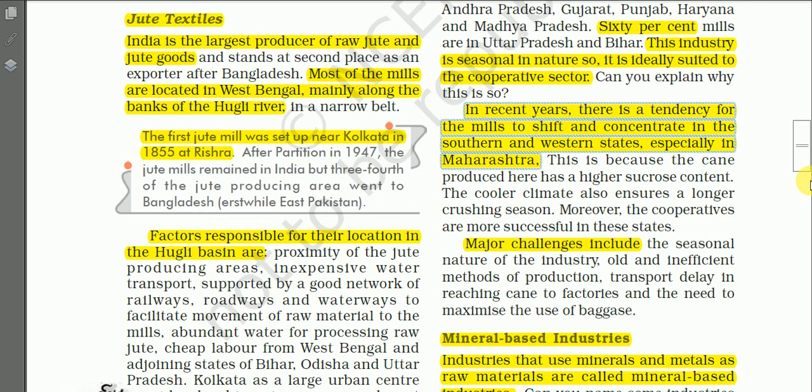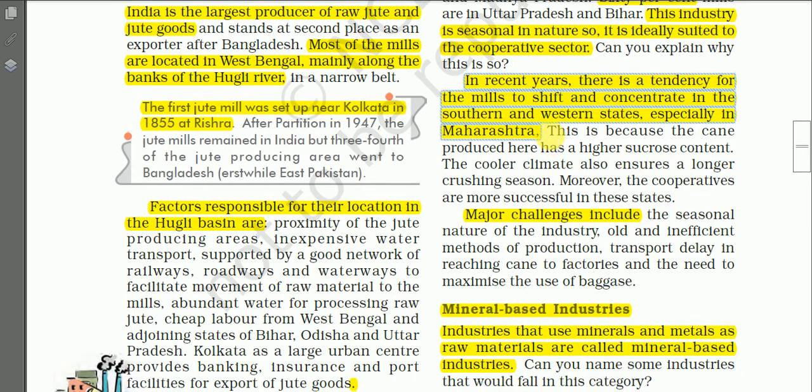Most of these sugar mills are shifting to the southern states of India. Especially in Maharashtra, the number of sugar mills has been increasing. So what are the reasons for this?